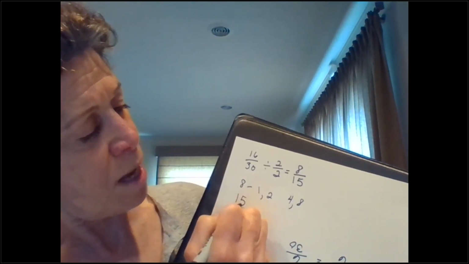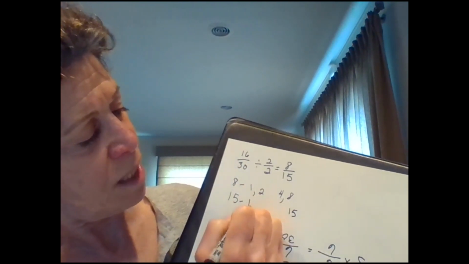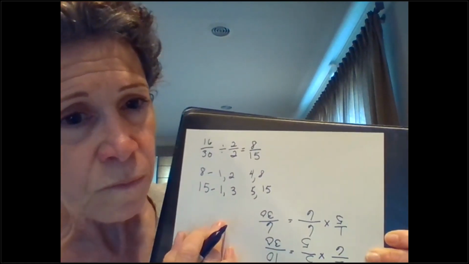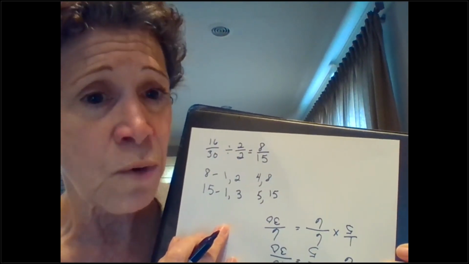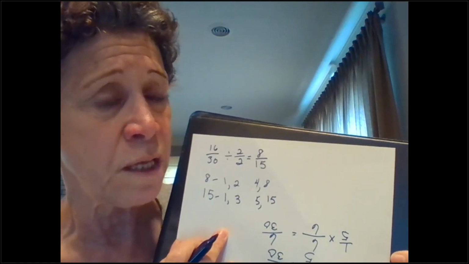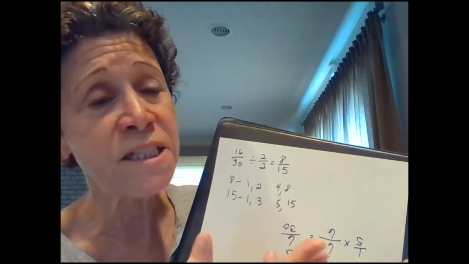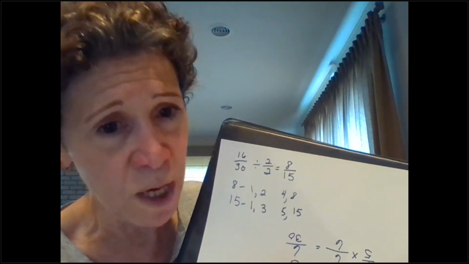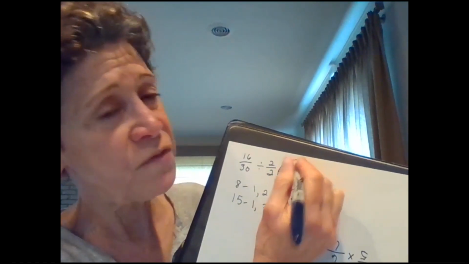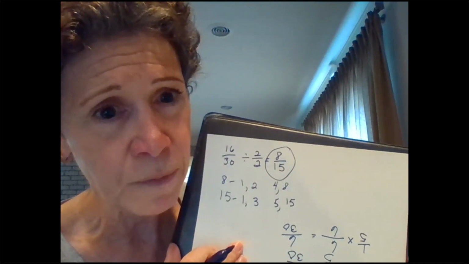And the factors of 15 are 1 times 15, 3 times 5. Okay, so what is my greatest common factor for 8 and 15? It's just 1. Right. And does it make sense to try to divide by 1? No, because you're going to get the same answer. So 8/15 is lowest terms, the simplified fraction.